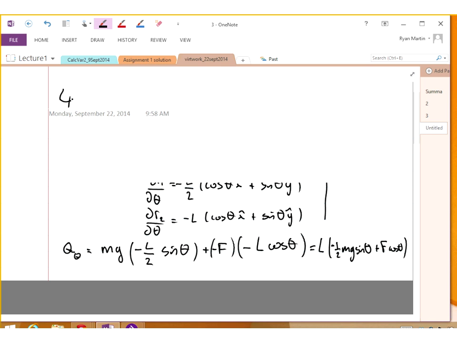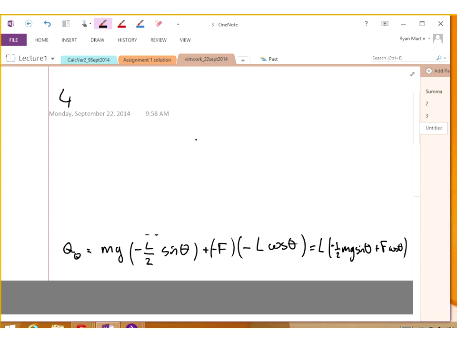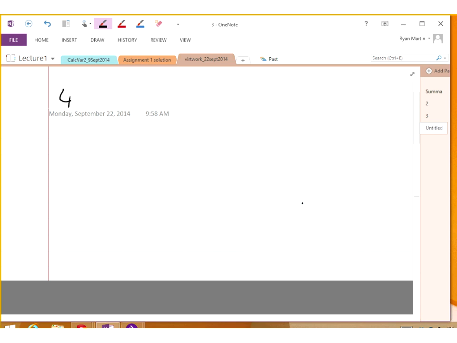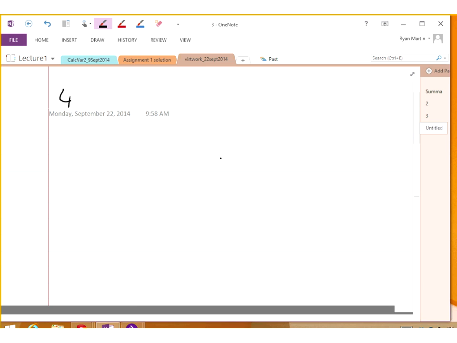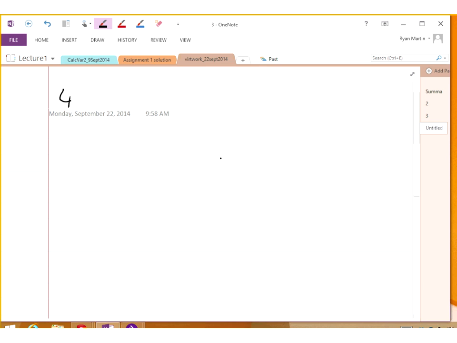So let's do another problem. Example 3.4. In this case, we have a wall on the ground. And we have one mass that's attached to the wall, and it can slide up and down.